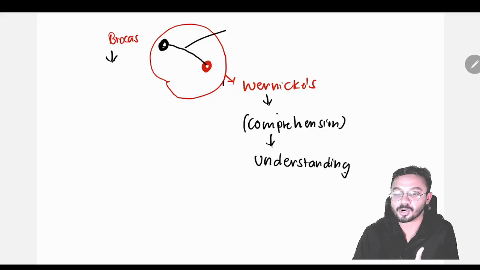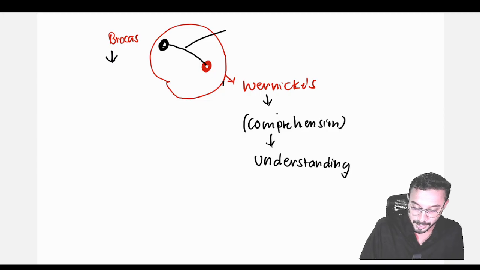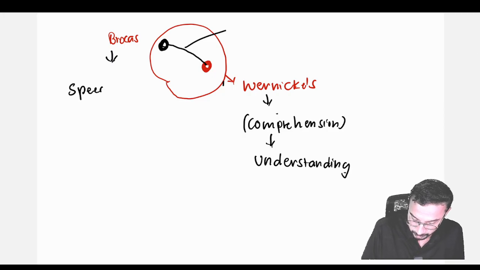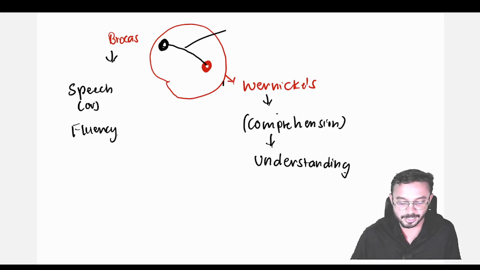What about Broca's? It is helpful for expression, speech, or fluency. Broca's is nothing but बोलने के लिए, the Hindi term we use for speech or fluency. So this is the function of Broca's and Wernicke's.